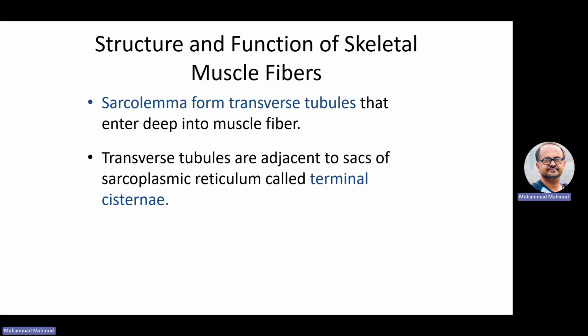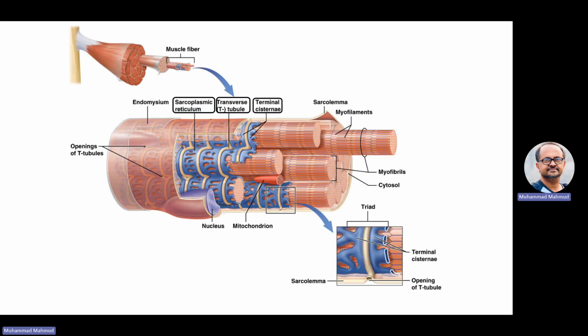And transverse tubules are adjacent to sacs of the sarcoplasmic reticulum. Together, they are called a triad. You see in the right lower corner, there is a transverse tubule, and on both sides, those blue colored sarcoplasmic reticulum. Together, they are called triad. And why is that important? The answer is coming soon.